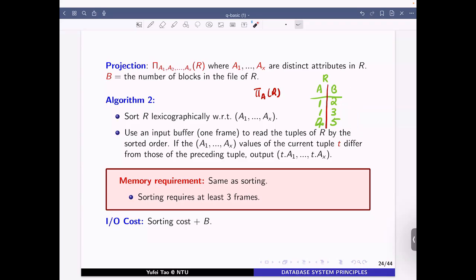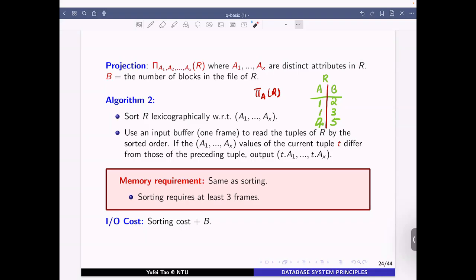So what do we mean here? We can start from this one. 1 is the first tuple we see, and therefore we display this one on screen, and then we move on. All we have to do is just remember the A value of the last tuple we just scanned. The next tuple has A value 1 again, and we compare this 1 with the A value of the last tuple.